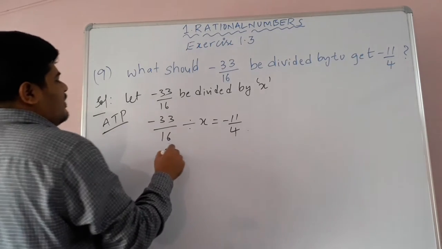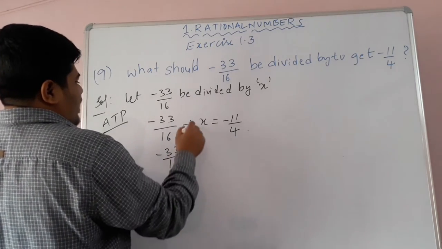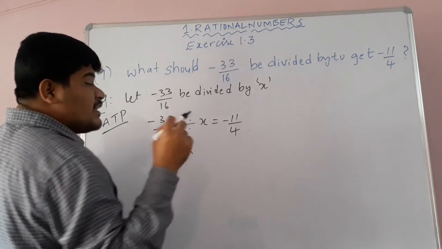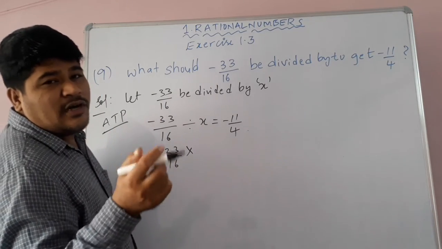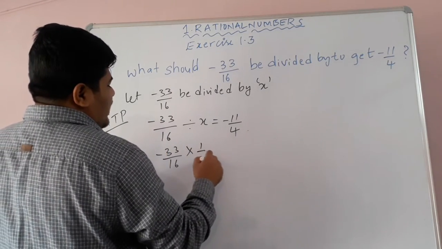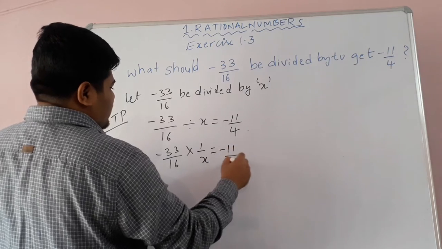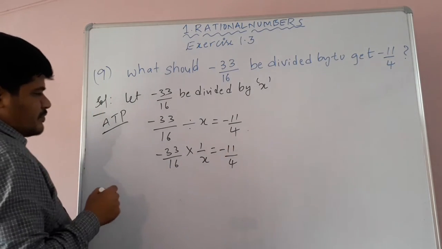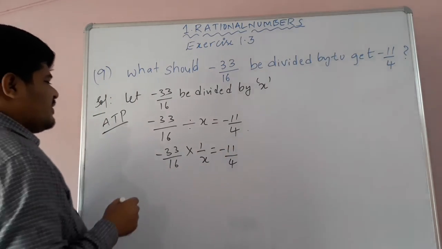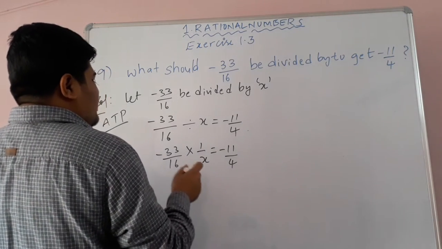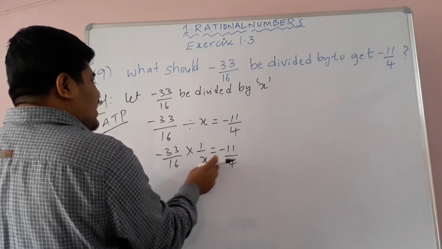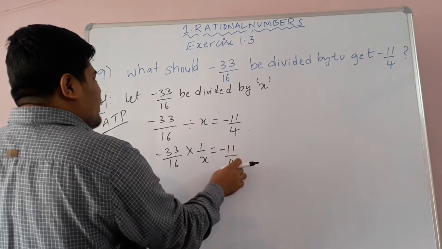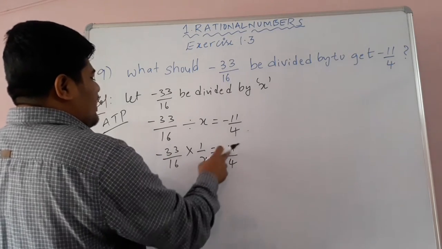Now children, the division becomes multiplication, and we take the reciprocal of x, which is 1/x, and the answer should be minus 11/4. Now how to solve this? Transpose this to the right hand side.